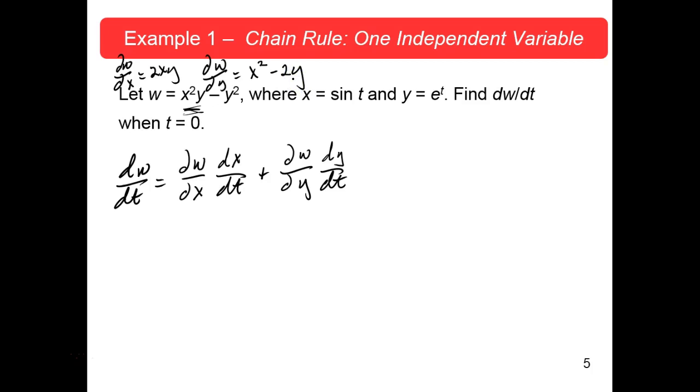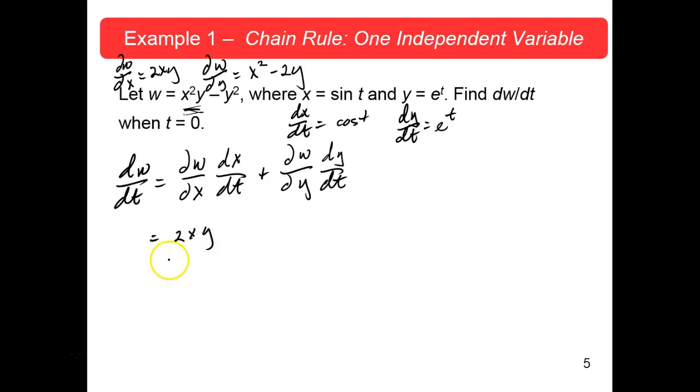Now let's do our dx dt, and that would be cosine t. And our dy dt is e to the t. So now with those in place, we can figure out what our dw dt is.